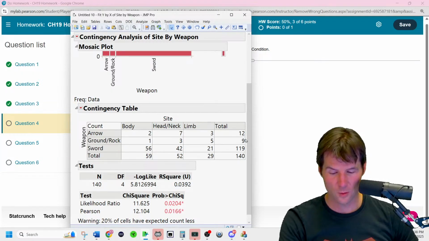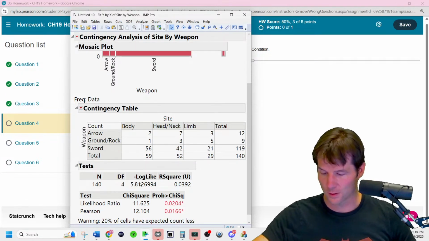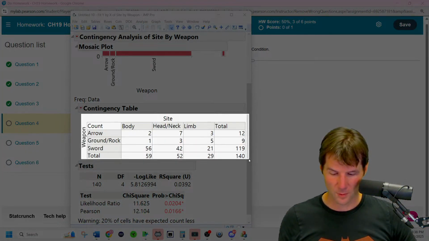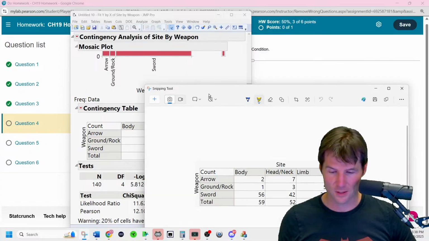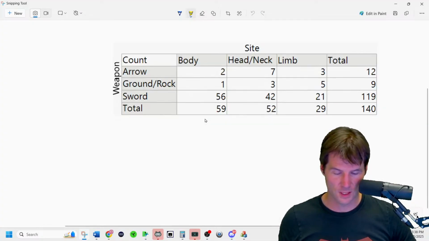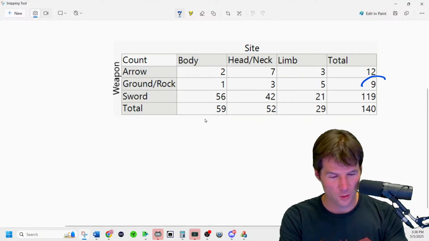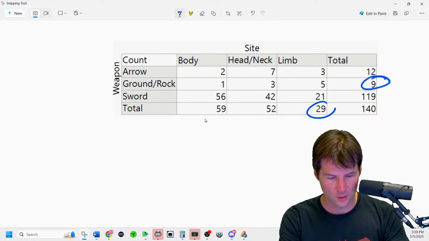So if you go to 9 and 29, it doesn't matter that it's 5 in there. You would go to that one right there, and I'll explain. Remember, we're trying to figure out how many we would expect. It's not how many we observe, which is the count. If you go to the smallest row total and the smallest column total, you'll get the smallest numerator on top of the equation.